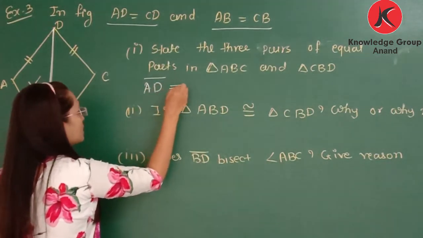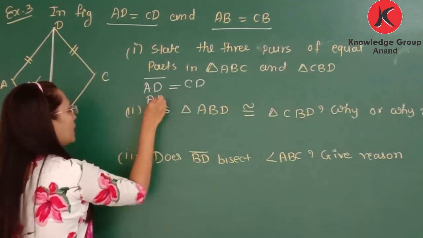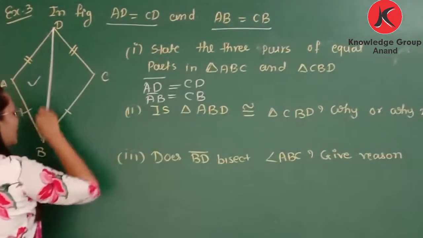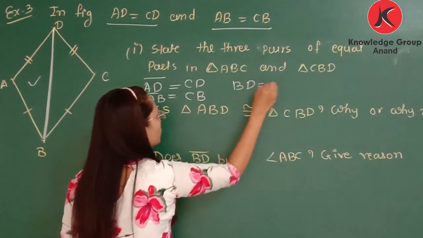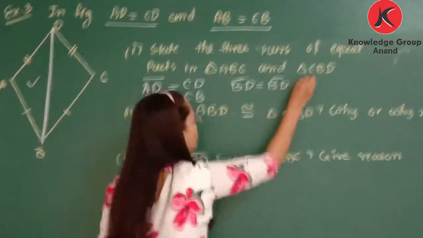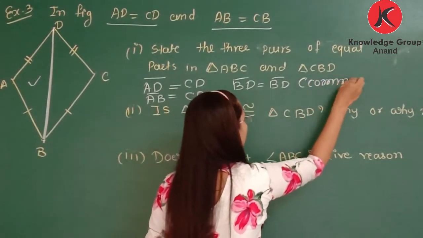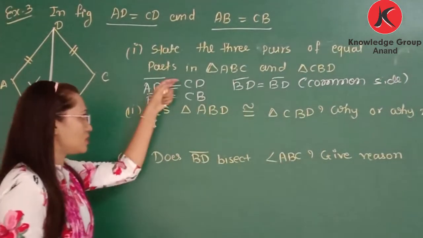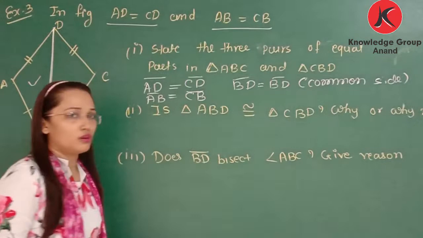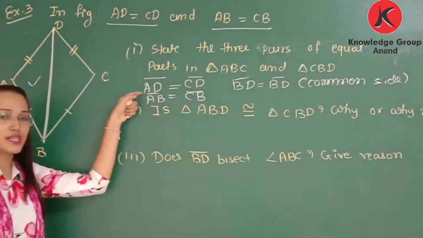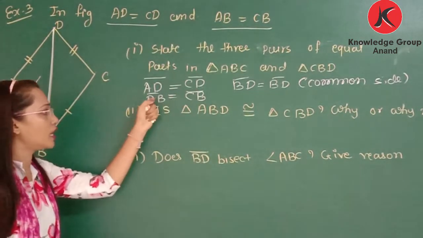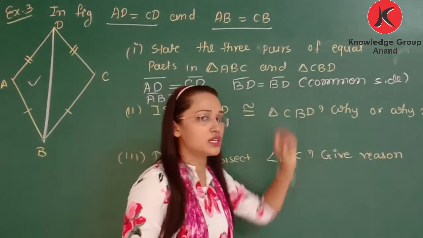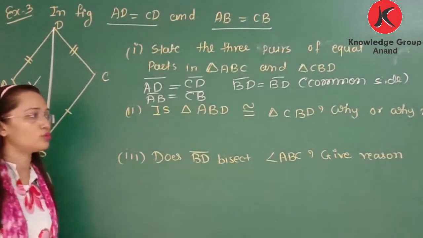AD is equal to CD, AB is equal to CB, and lastly BD is equal to BD. Reason is what? It is a common side. Now we apply the SSS criteria because three sides are equal. So the three pairs of sides are AD equal to CD, AB equal to CB, that is given, and BD equal to BD. Reason is what? It is a common side of two triangles.